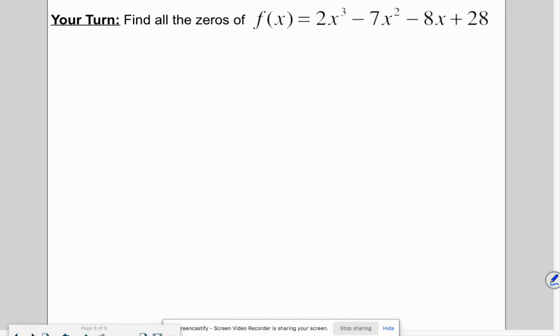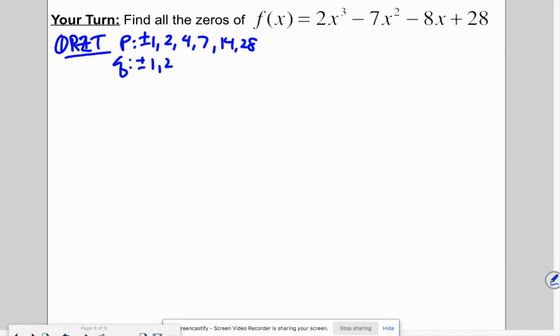Okay, we're going to start with the rational zero theorem. So P, all of the factors of 28. So plus and minus 1, 2, 4, 7, 14, and 28. And Q, plus and minus 1 and 2. Awesome. So your list, I'll do the list up here.